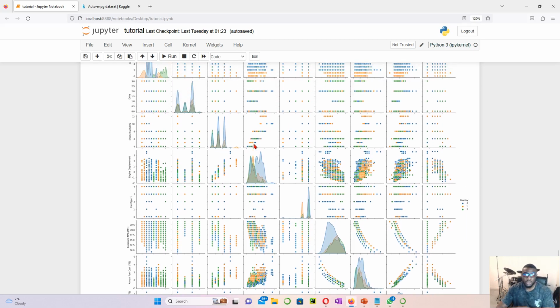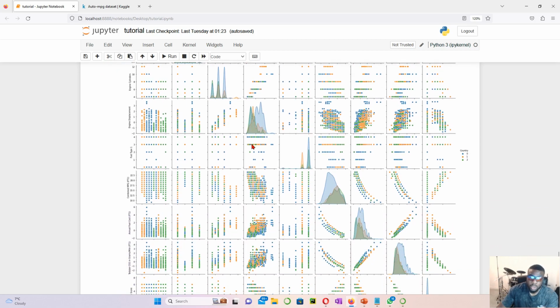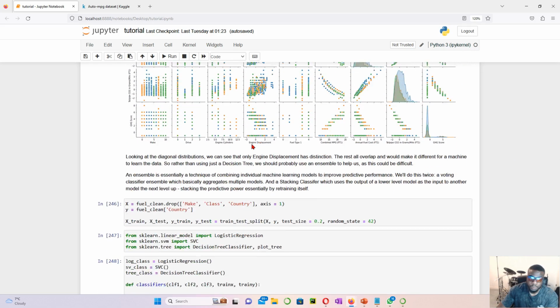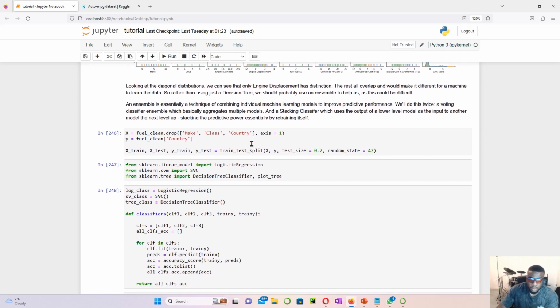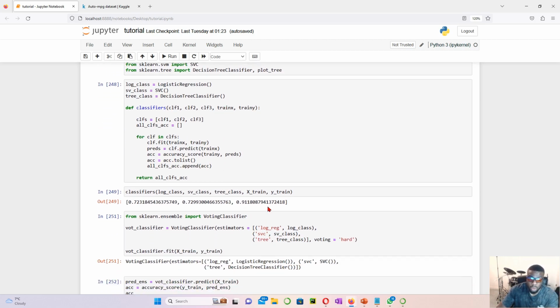Now I'm going to use an ensemble here, right? Now an ensemble is an amalgamation of individual models. And the whole reason why you would use an ensemble is to give a better prediction. Now I used two different types of ensemble, right? The first ensemble that I used was a voting classifier, whereby I used three different models and then I aggregated their scores.